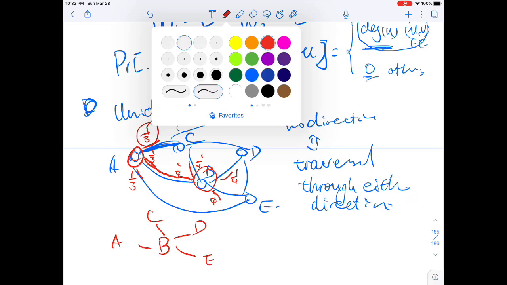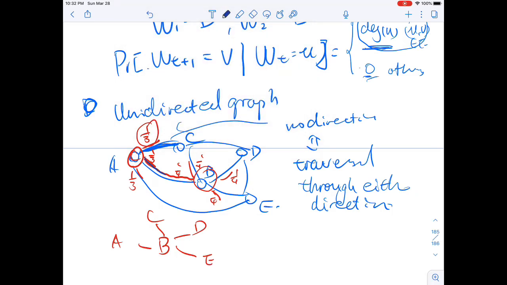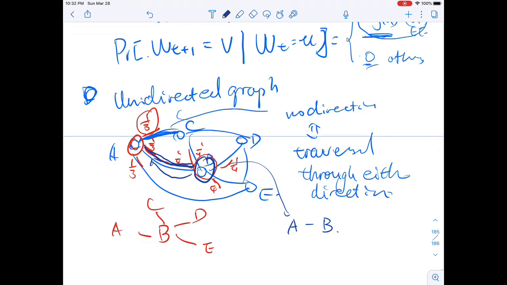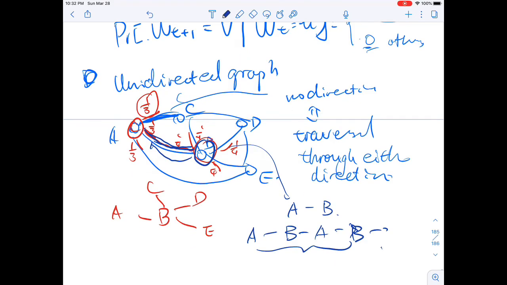Just notice that because this is undirected, A moving to B implies there's an edge between A and B, and when I'm at B, nothing prevents me from moving back to A. So it's completely legitimate to have a random walk that goes A to B, to A, to B again, and so on, although this probability is not going to be very high. So this is the random walk on the undirected graph.